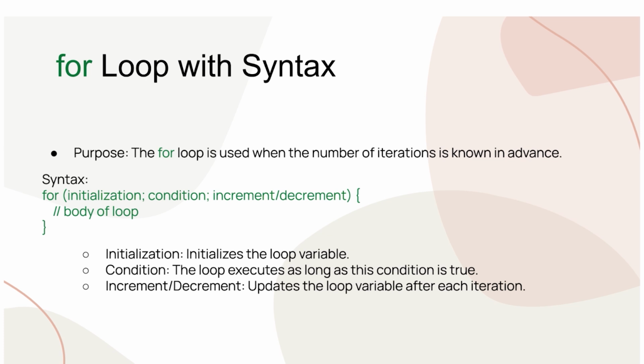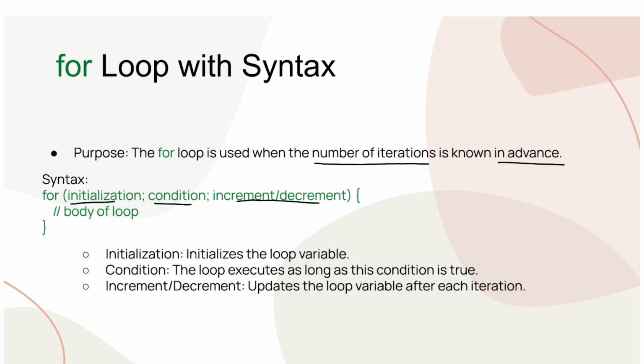For loop says that it will execute the block of code for a number of iterations which is known well in advance. The syntax of for loop is, you have to first initialize the value, then specify the condition, and then change, either increment or decrement, the value of the initialized iterator or counter variable.